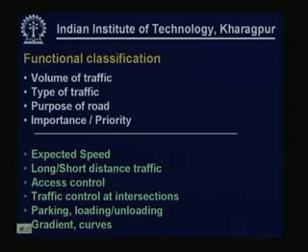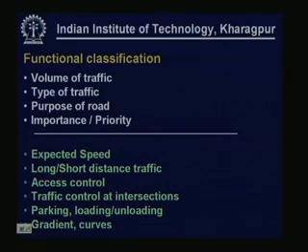Once we are convinced about the need for functional classification, the next issue is how to classify the roads. We may classify them into, say, n number of categories of road, but then what are the elements that should vary from one type of road to another? Here are some of the points.